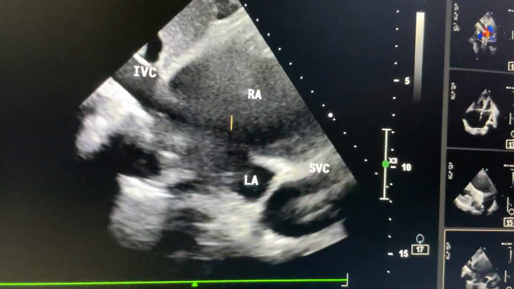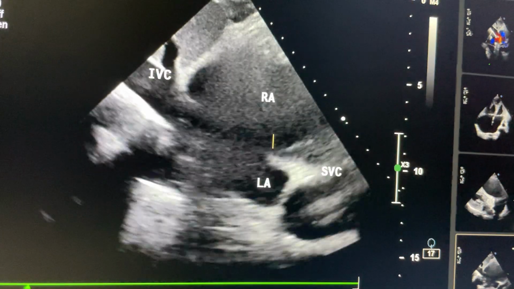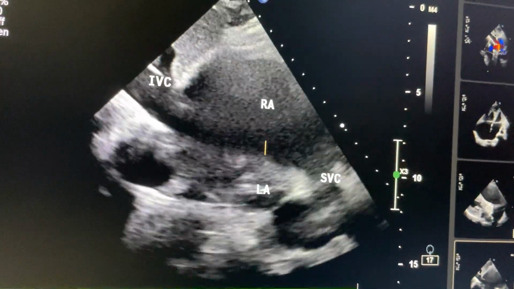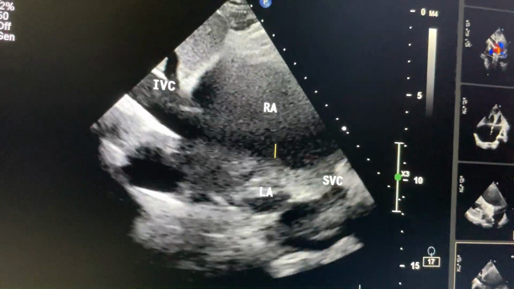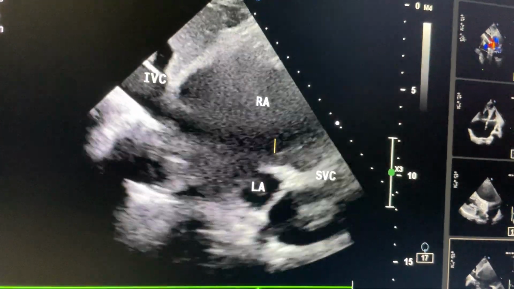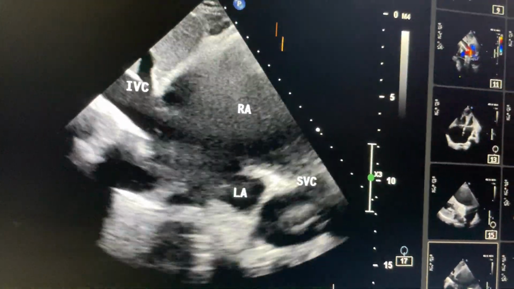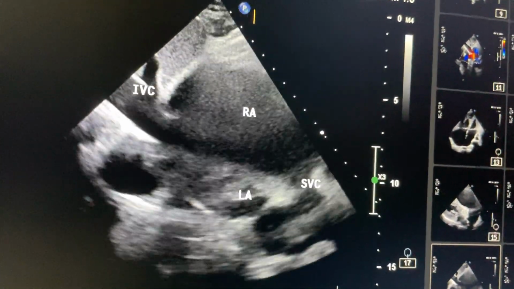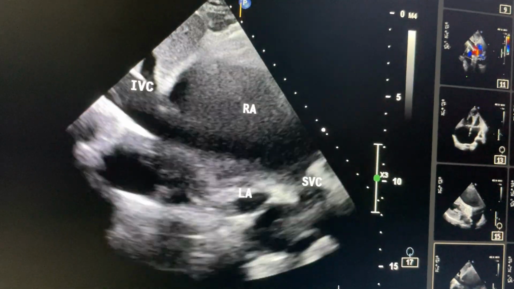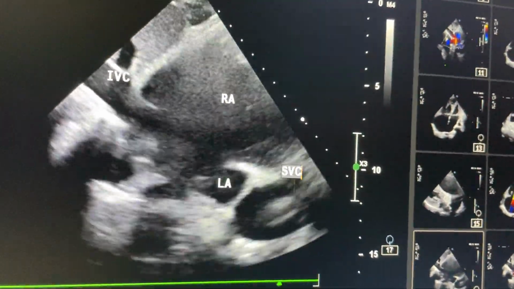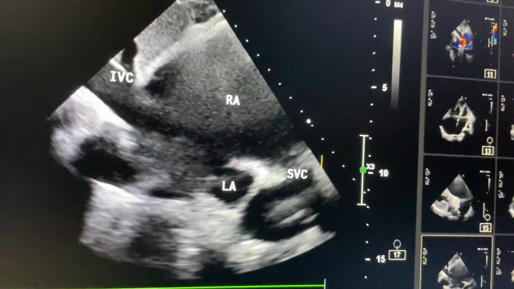So IVC is situated slightly right of the spine. So slightly right of the spine, just in the sagittal plane. Keep the probe in sagittal plane. This is the direction of the probe. This is the P. You see the P indicates the direction of probe is towards the SVC, that means towards the head.